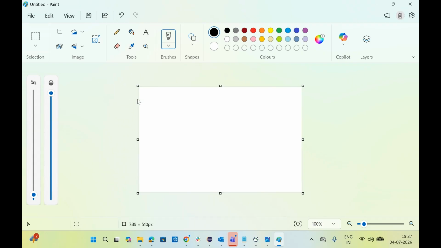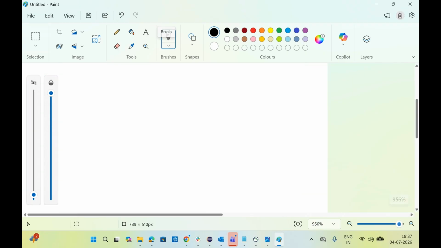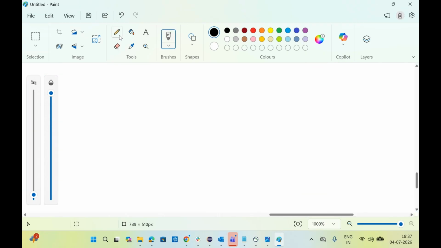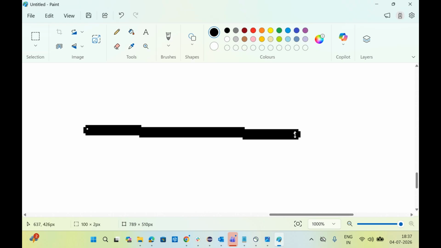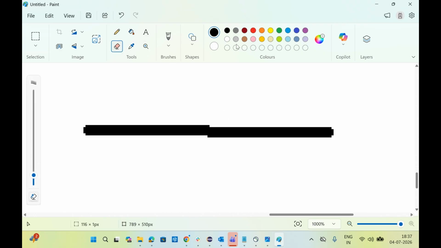Say, for example, you take some line here. Okay, this is the line. Wait, we will erase this one. We'll take a somewhat thicker or bolder one.